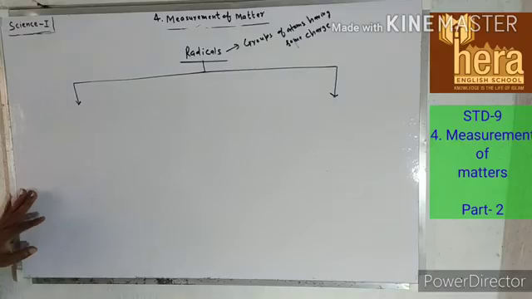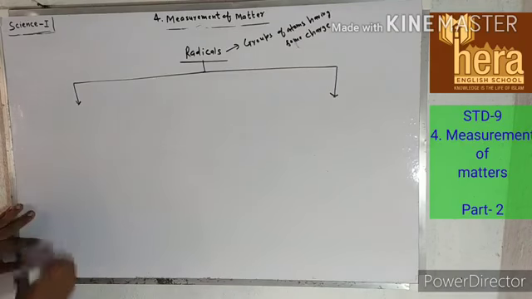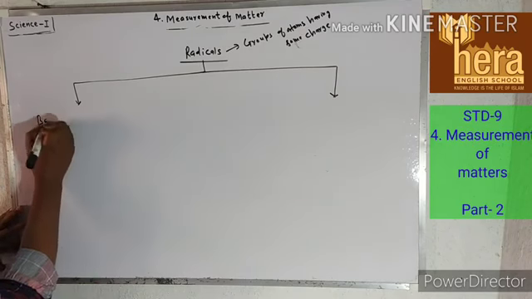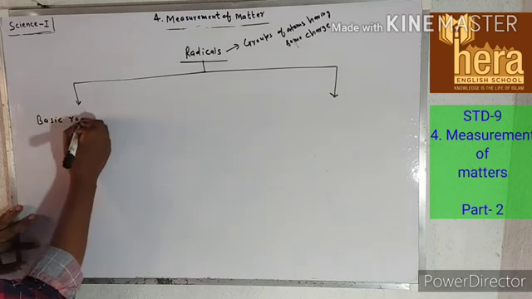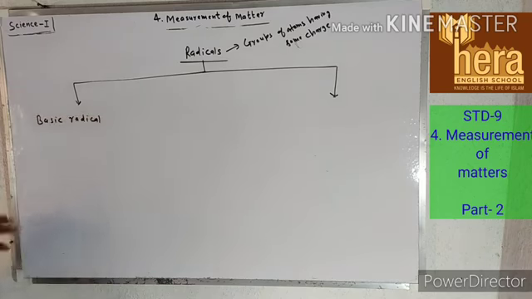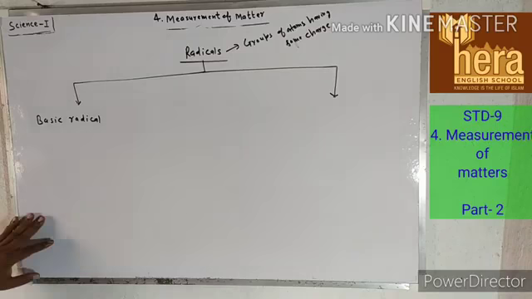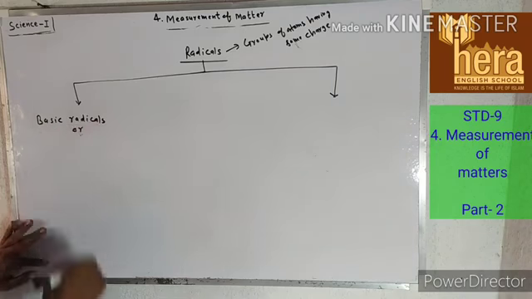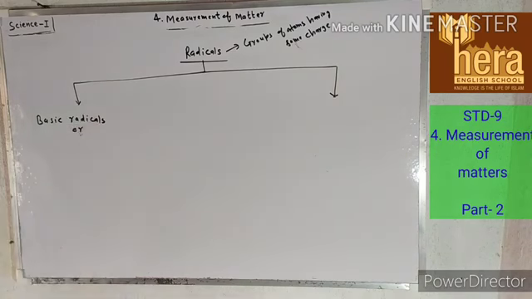The first one is basic radicals, or cationic radicals.